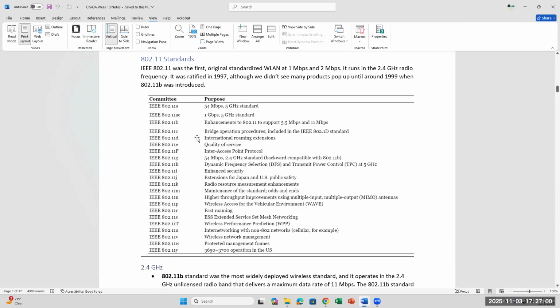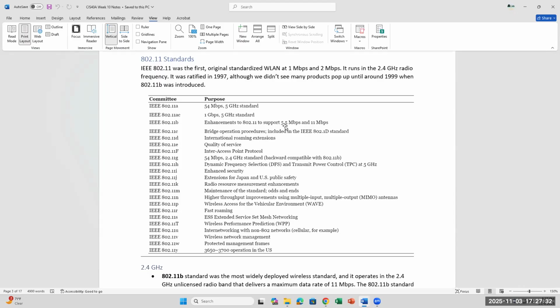You can see the 802.11 standards. So your AC is here, right? And you're able to transmit up to 1 gigabit per second, and that's for the 5 gigahertz band. Okay. And then if you look at the older 802.11b, this was an improvement from the A, and it supports 5.5 megabits per second or 11 megabits per second.